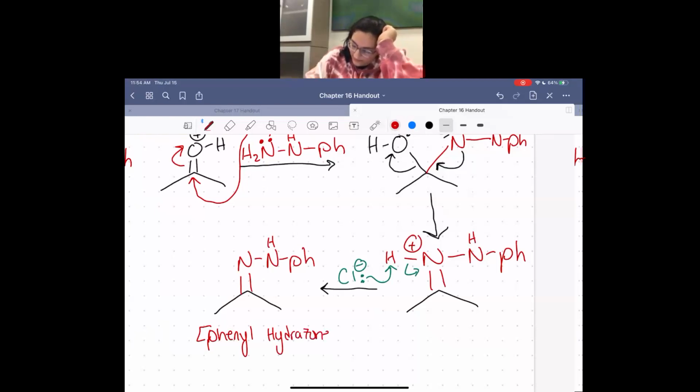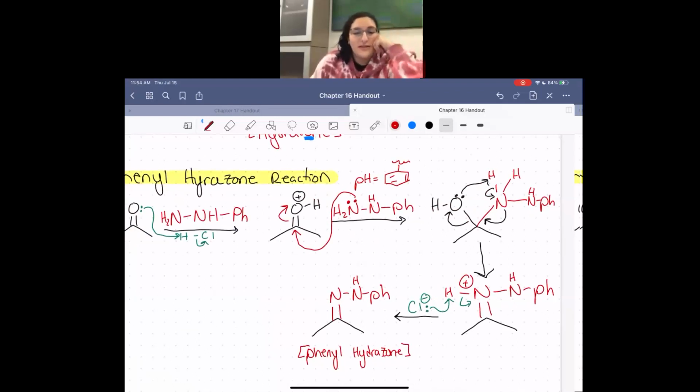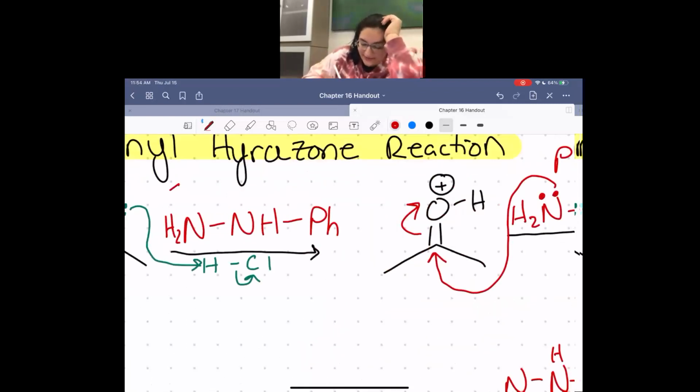Okay, cool. And can anyone guess what the nucleophile was called here? So what's the name of this one? Phenylhydrazine, exactly. They are not creative here, folks.